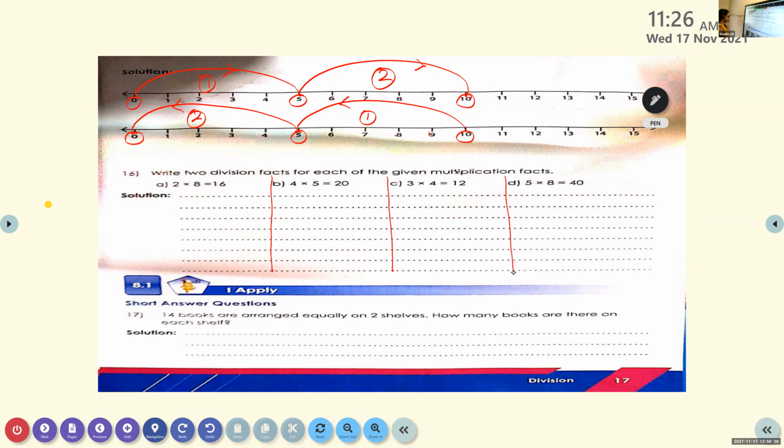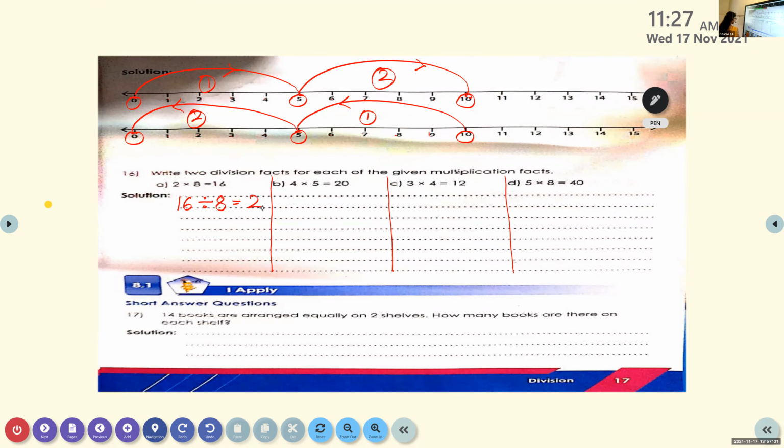That's all. I'll start from Jodha. Jodha, 2 into 8 is equal to 16. Yes, ma'am. 1 division fact of that multiplication fact. 16 divided by 8 is equal to 2. Okay, good.